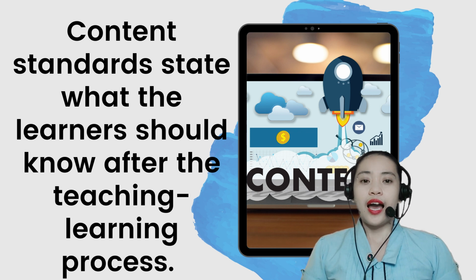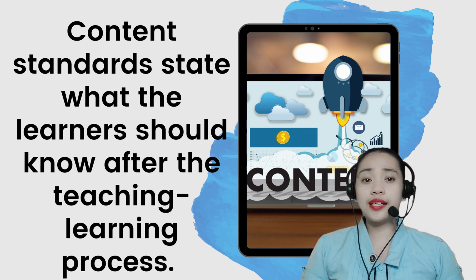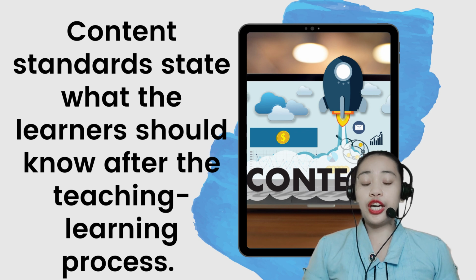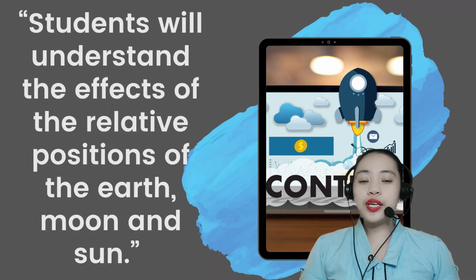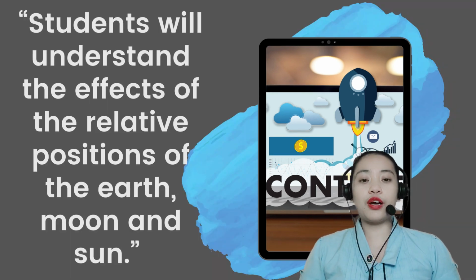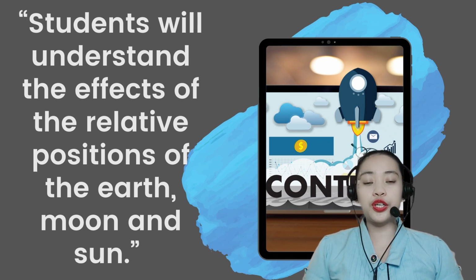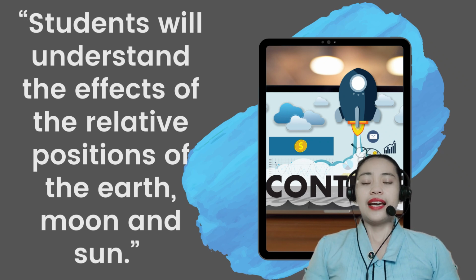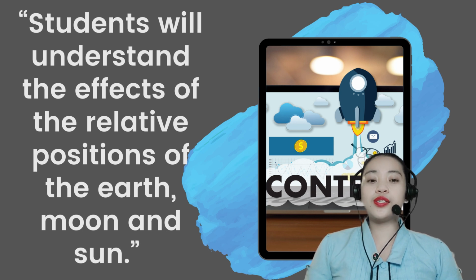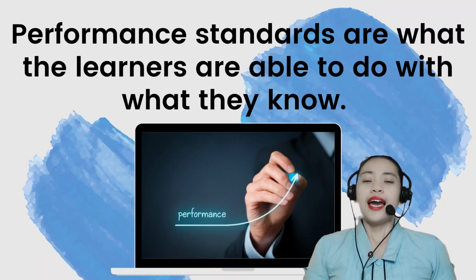For instance, a content standard for 6th grade science students could be in earth science. Students will understand the effects of the relative positions of the earth, moon, and sun. These standards are also called curriculum standards or subject standards.